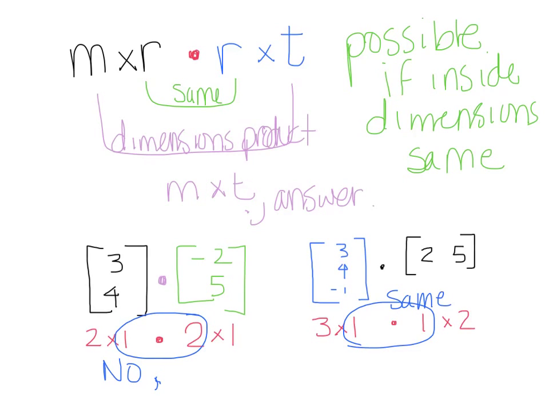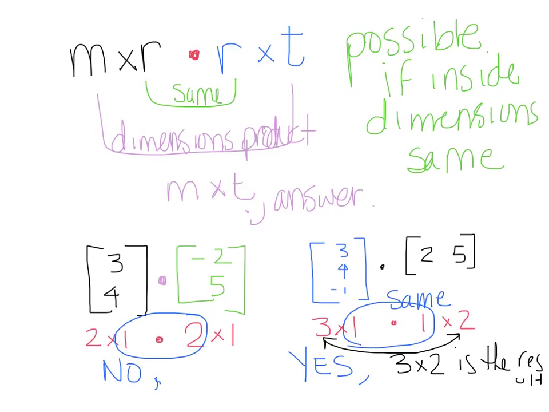Those inside dimensions are the same. Therefore, yes, they can be multiplied. And not only that, I know the size of the product, a 3 by 2, is the result. Because that's these outer two numbers here and here.